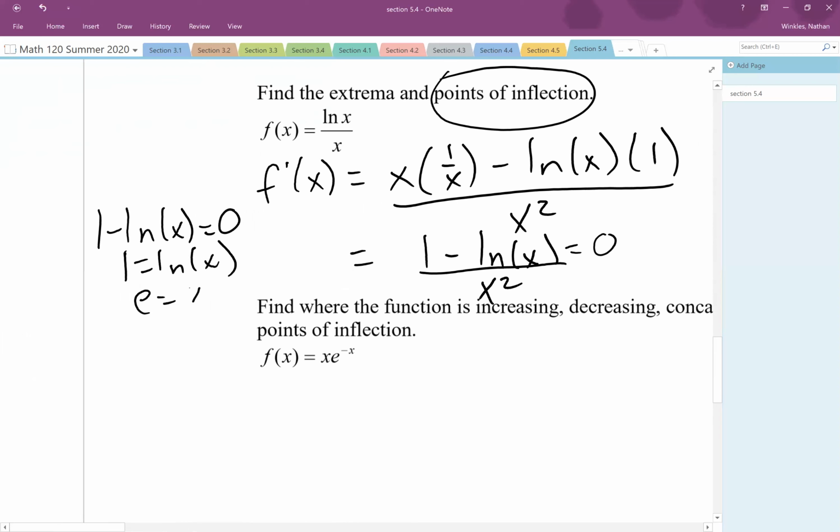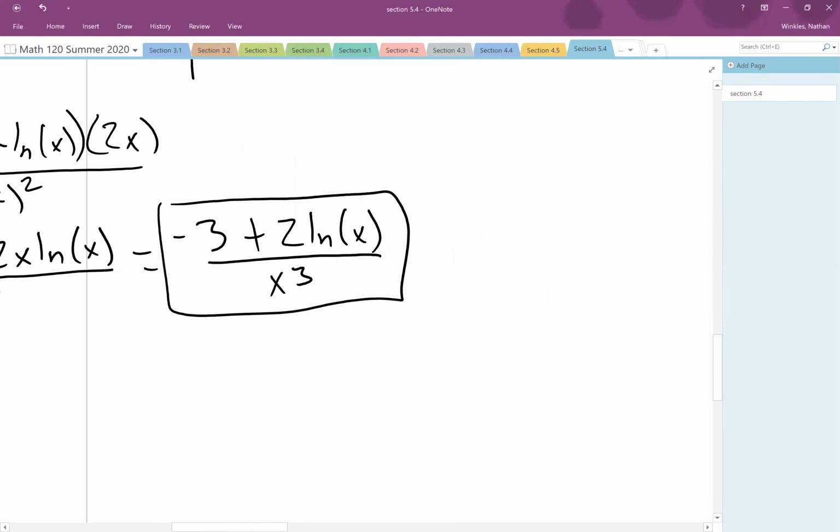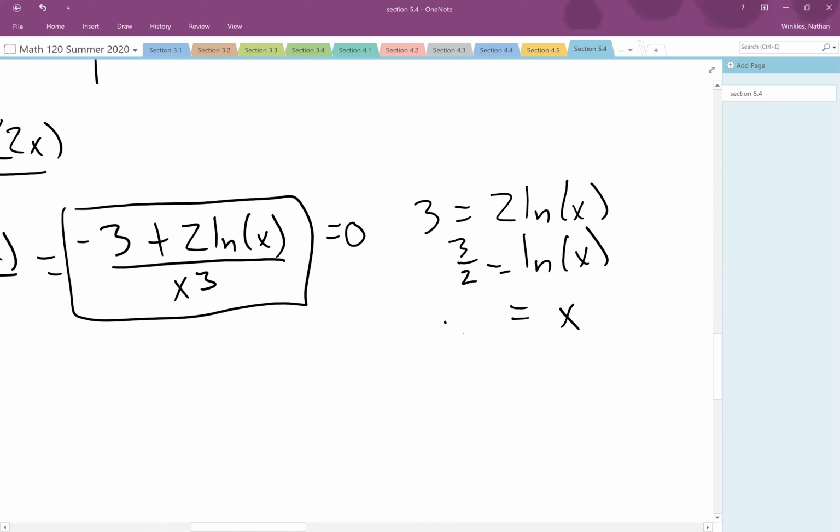E equals x will be our point where we could have an extrema. For our points of inflection, we set this equal to 0. 3 equals 2 ln x. 3 halves equals ln x. X equals e to the 3 halves would be the x coordinate of my point of inflection.